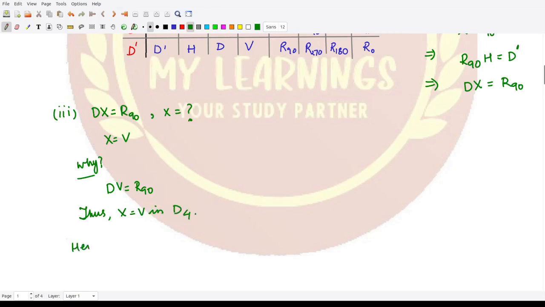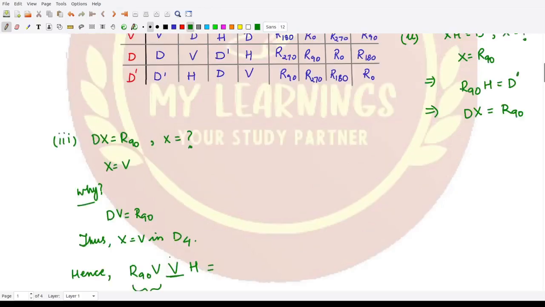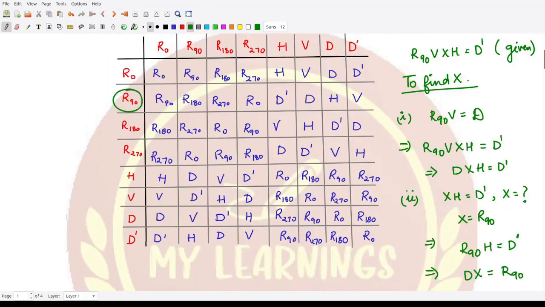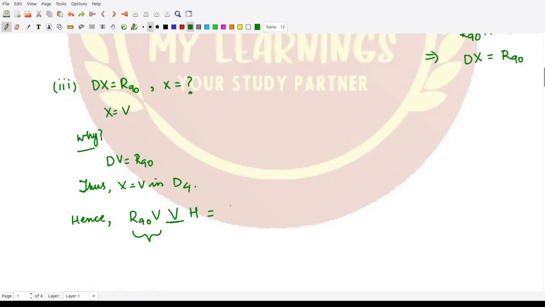and hence you can very easily show that for our quantity R90 V, in place of X we are now writing V H. When you compute R90 * V, let's have a look at our table. This is D, so let's quickly write it. We are just verifying it.